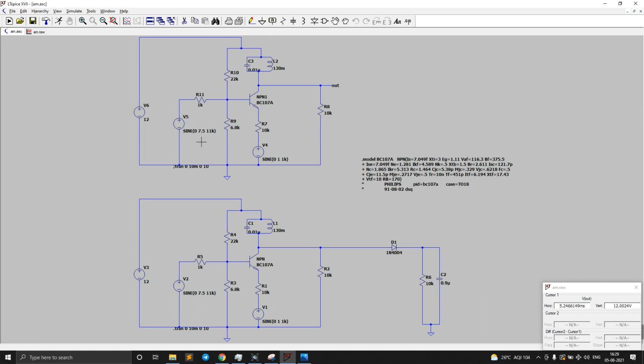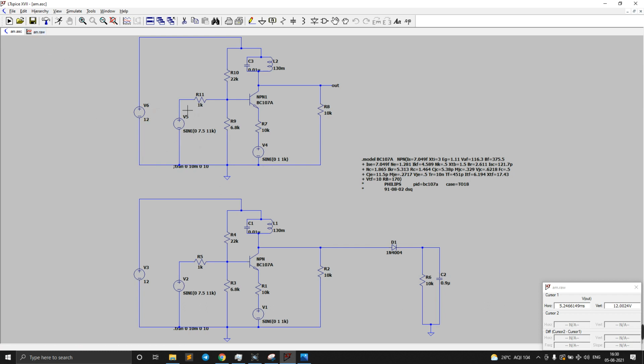Here I took the carrier wave as 7.5 peak, that means 7.5 into 2, that is 15 volt peak to peak, at 11 kilohertz, because the carrier frequency has to be higher. And the message signal is 2 volt peak to peak, from this one to this one below, and this will be 1 kilohertz. We can see that too.